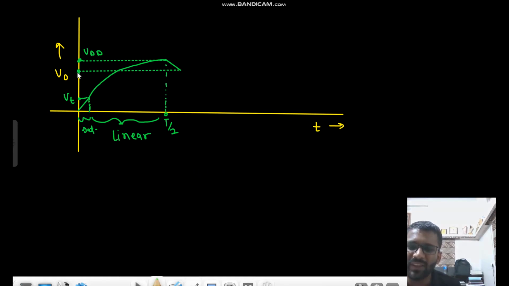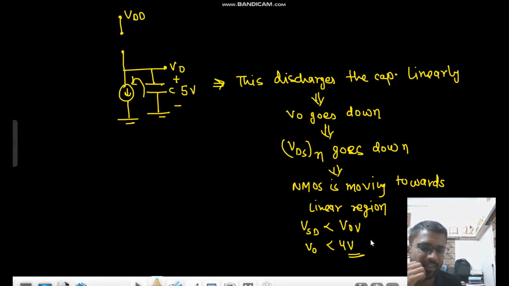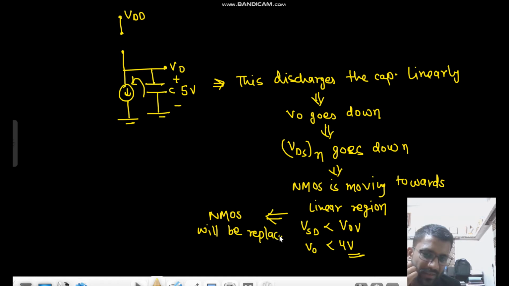From VDD, it comes down to VDD minus VT, right? And then if it has moved to linear region, then NMOS will be replaced with R on, right? So there will be exponential discharging.